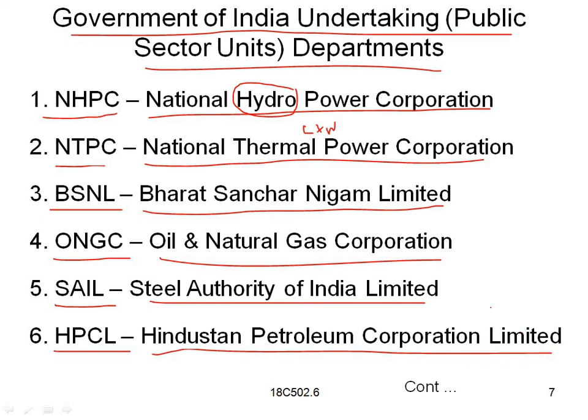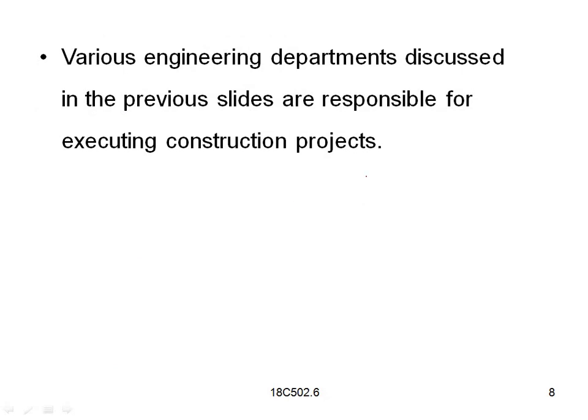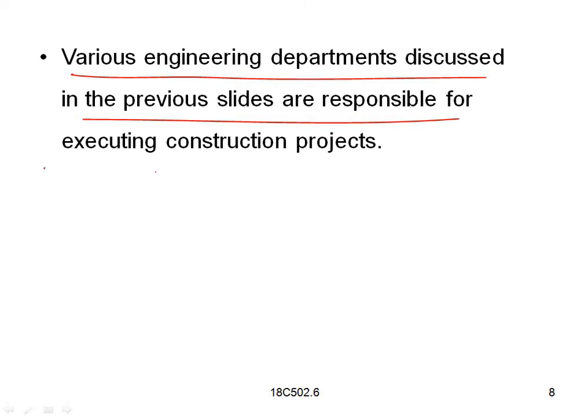So these all departments or public sector units are very important in the central government. And the various engineering departments discussed in the previous slides are responsible for executing construction projects.